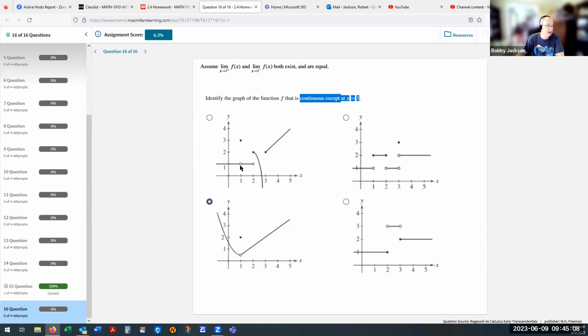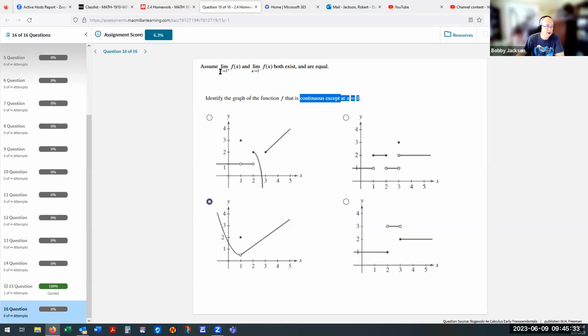Notice the limit from the right and the left on this one are both equal, so that does satisfy this condition, but the fact is it's not continuous everywhere except for x equal 1. It's discontinuous at 2 and 3. This one here, the limit doesn't exist at 1, because the limit from the left is 1 and the limit from the right is 2, so it would not satisfy this requirement at all.